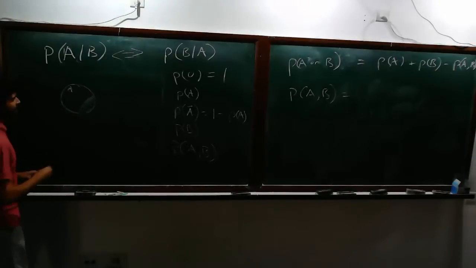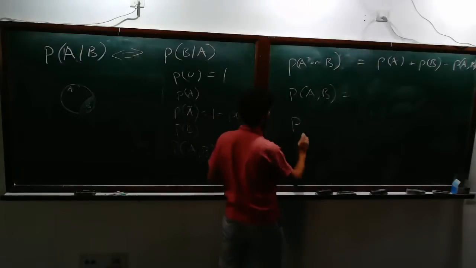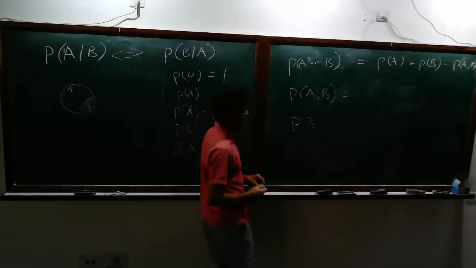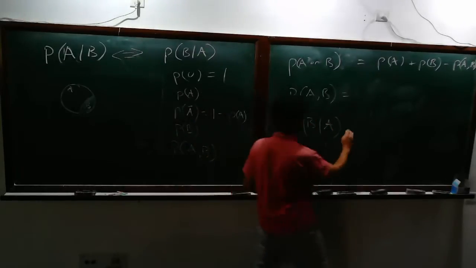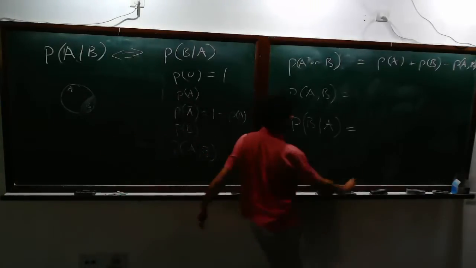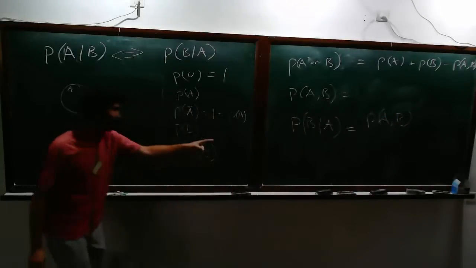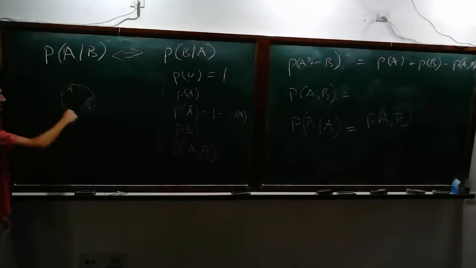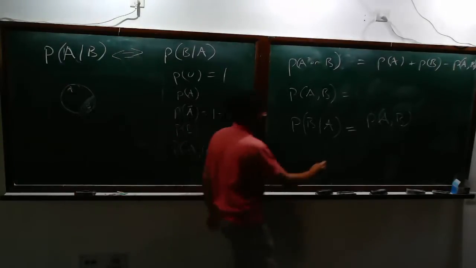And now you have A, and this section, which is what's left, is B, which was formerly the intersection of A and B. So the probability that B happens in the universe where A happens is simply this number that we had before, which was the intersection, except we have to rescale that number by our new universe. Our new universe is the universe in which A happened. So you just rescale that number.